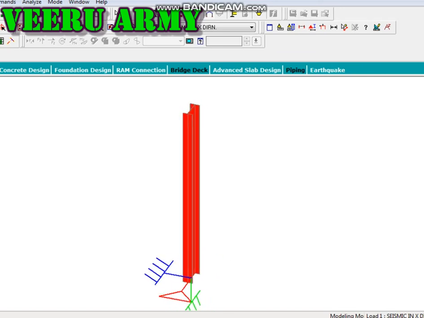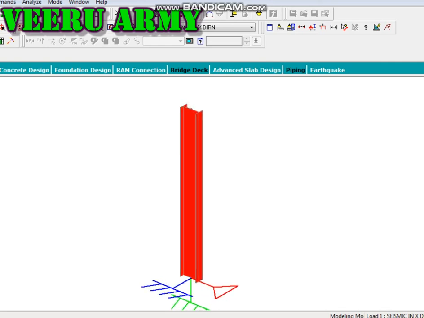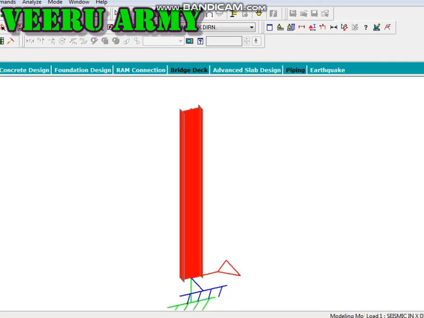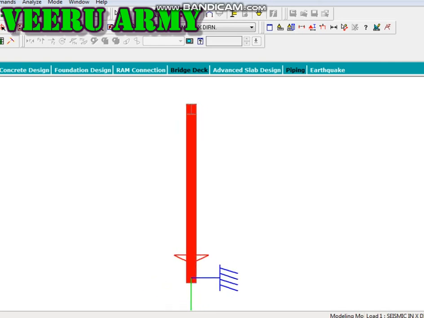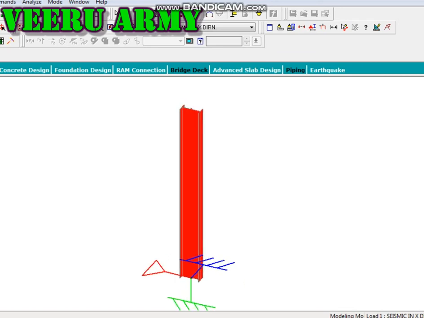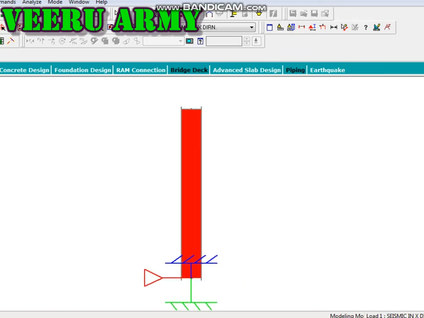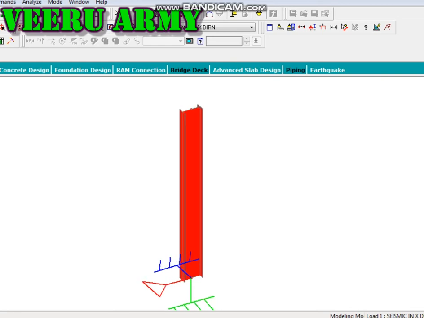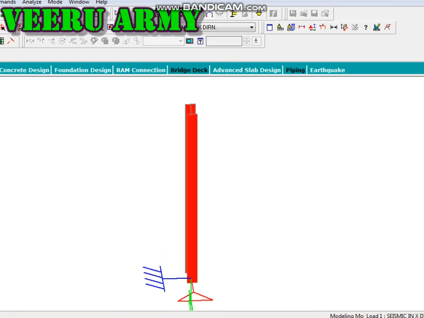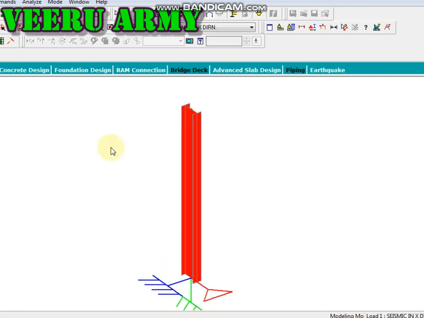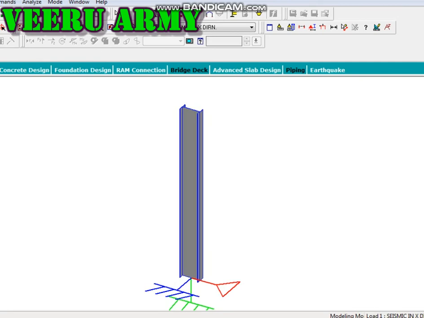So torsion in our PEB structure will not come. We do not provide any element or member to prevent the torsion of the column in our PEB structure. That's why we do not provide LX value or KX value, because the value with respect to X is related to the torsion of the member.